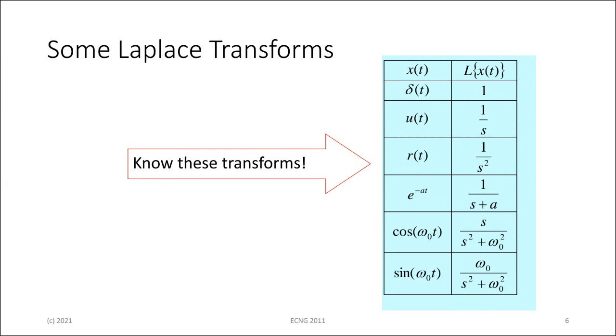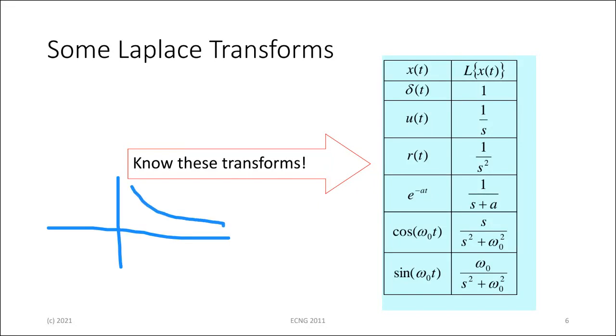And then there are two other ones that come into play: e to the minus at cosine omega t and e to the minus at sine omega t as well. All right, decaying sinusoids. You know that e to the at would look like that.